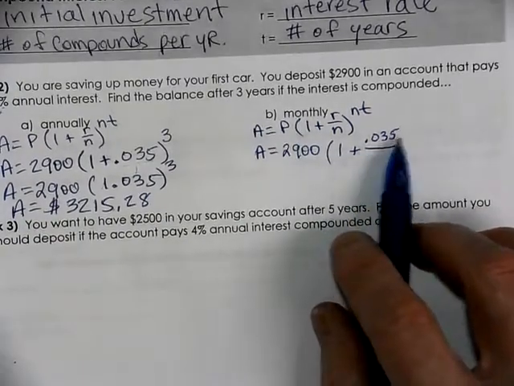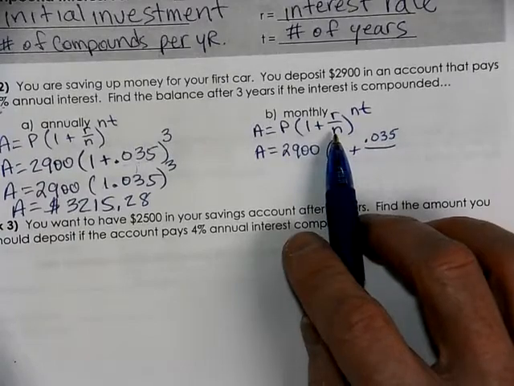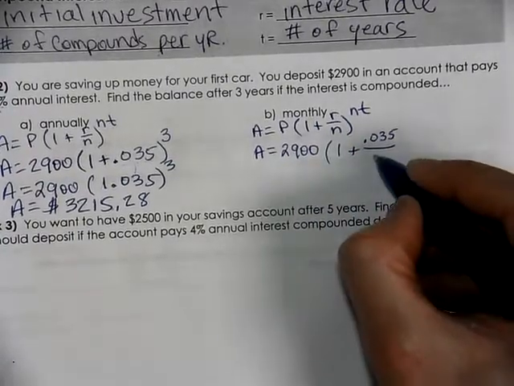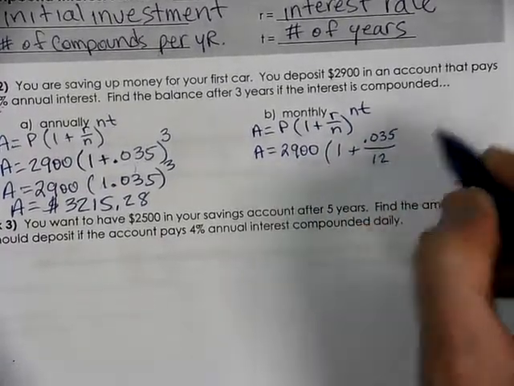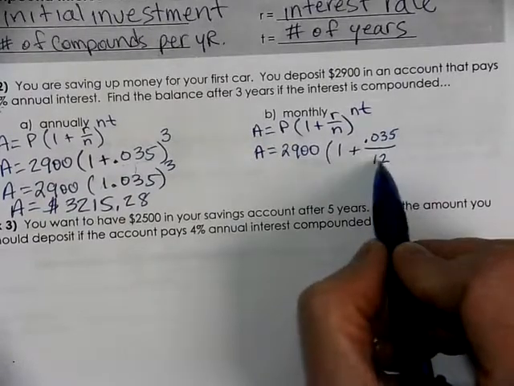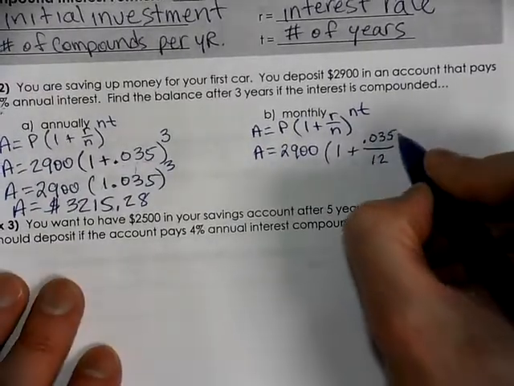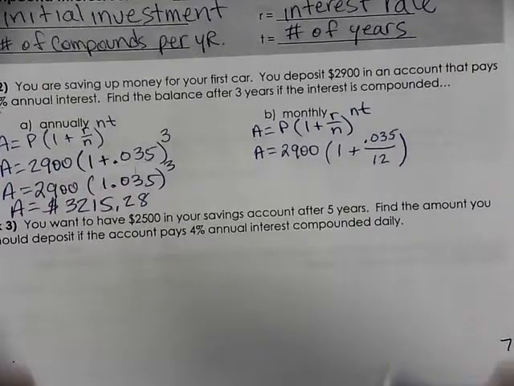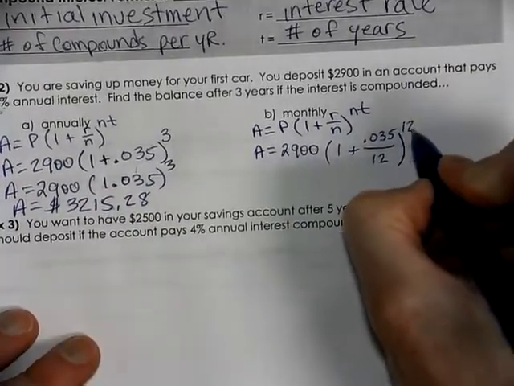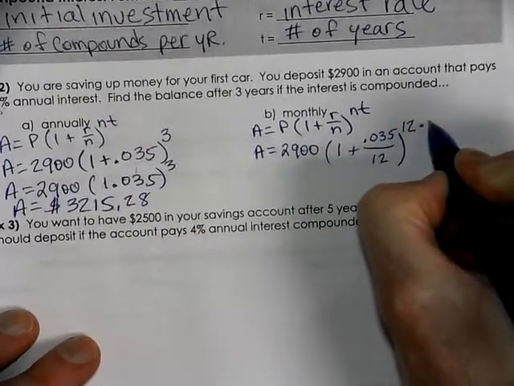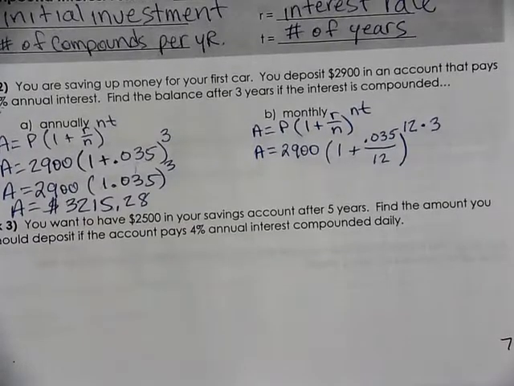We're dividing that up into equal amounts, and if we compound it monthly, that's going to happen 12 times throughout the year. We're going to get this amount 12 different times for a total of 3 years. So 12 times 3 is our exponent.